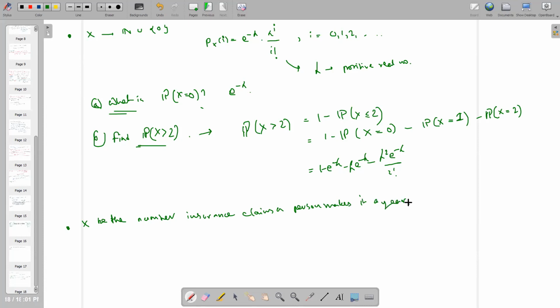Assume that X takes the values 0, 1, 2, 3 and so on, with probability X equals 0 being 2 by 3, probability X equals 1 being 2 by 9, and probability X equals n being 2 by 3 to the power of n plus 1.